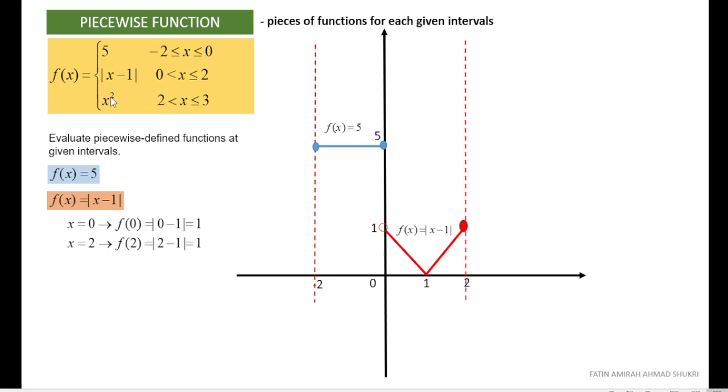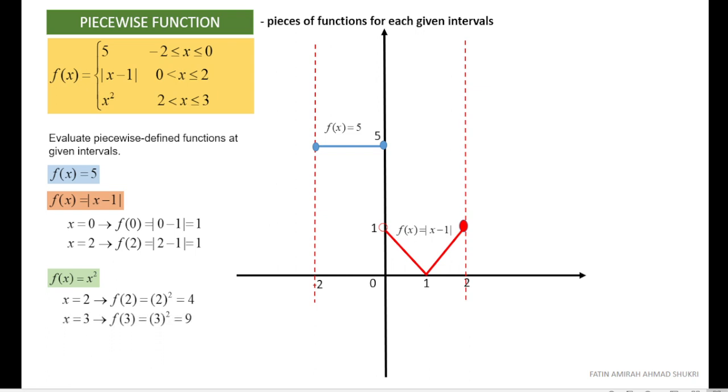Okay, seterusnya kita tengok the last piece, x square. So, this is the quadratic function. But, tapi you tengok within the interval 2 to 3. Okay, so you insert dulu value when x equal to 2, the lowest point ni. And then, when x equal to 3.